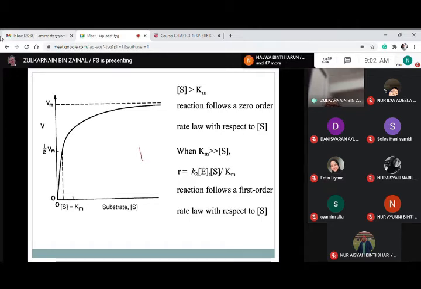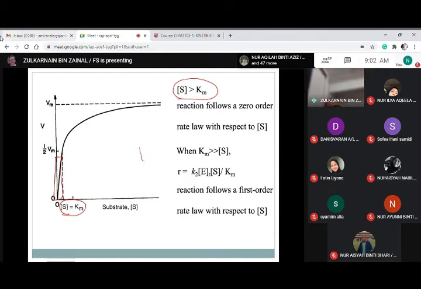Okay. So we have seen this. So at concentration larger than Km, the reaction follows first order. This is where S is equal to Km, right? So this is the concentration lower than Km.